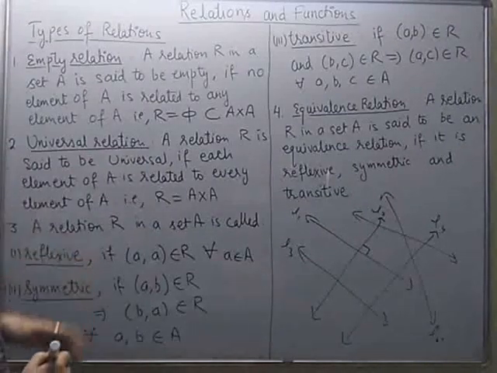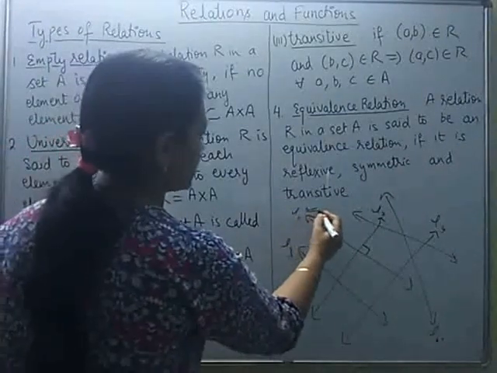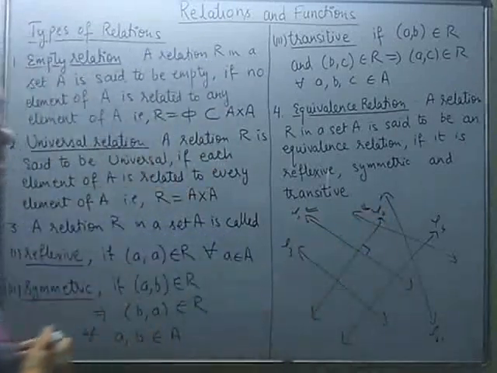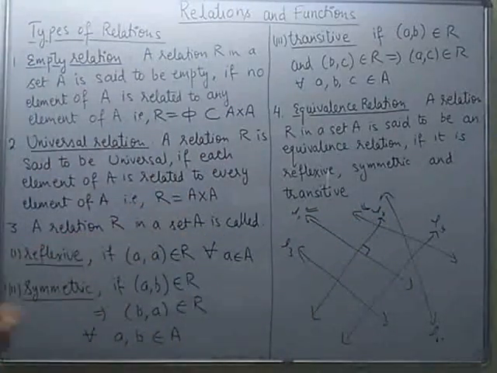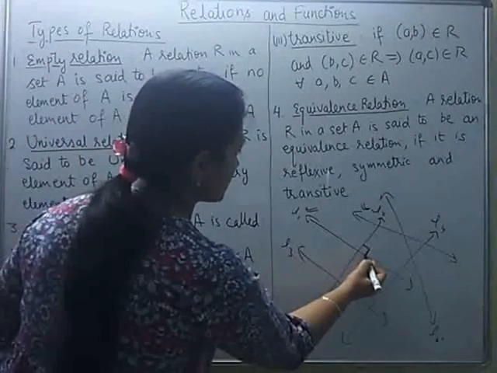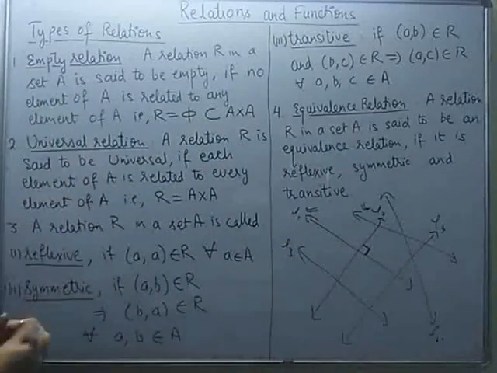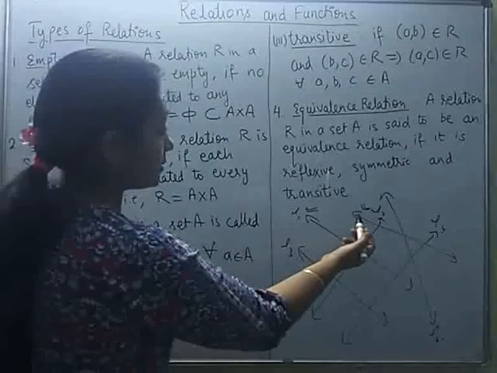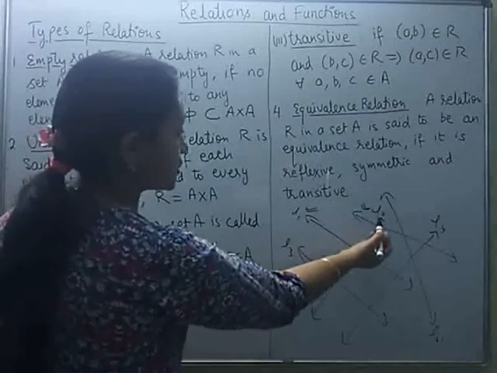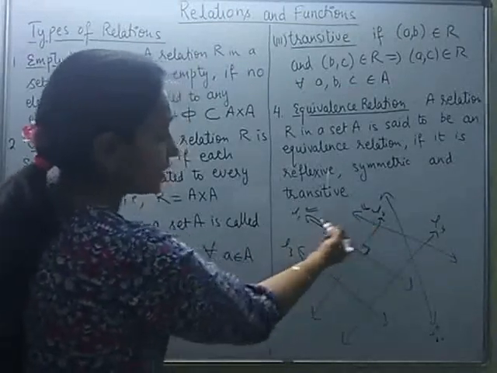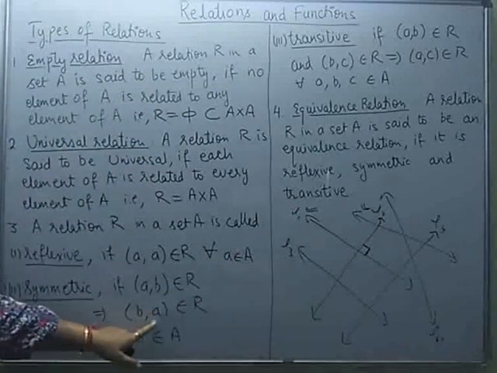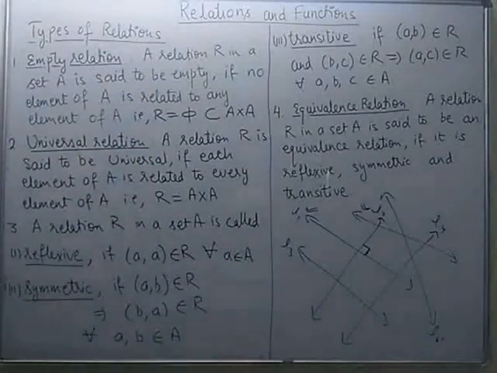If I take any two lines, say L1 and L2, these are two lines on this plane which are satisfying the relation which I am naming as "is perpendicular to". So I know L1 is perpendicular to L2. The same is maintained between L2 and L1 also. If L1 is perpendicular to L2, that will imply L2 is also perpendicular to L1. So the relation becomes symmetric.